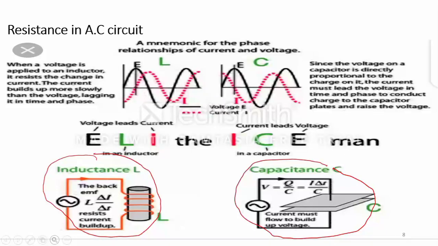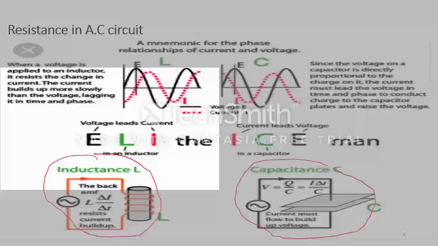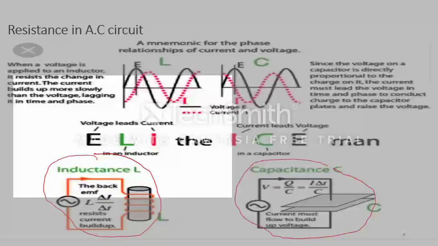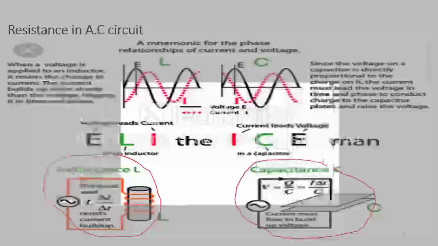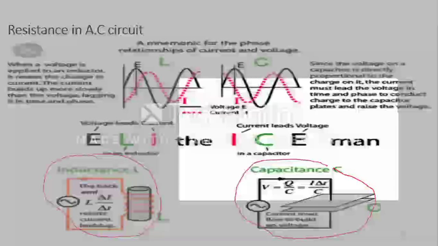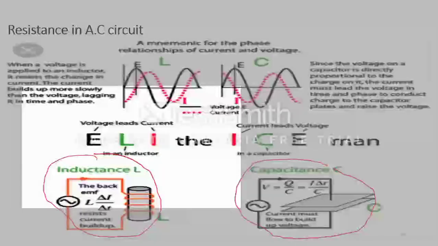So E here represents voltage. Voltage leads current. So in an inductive circuit, voltage leads current, while in a capacitive circuit, current leads voltage. So the L you're seeing here represents inductor. ELI: E for voltage, L for inductor, and I for current.